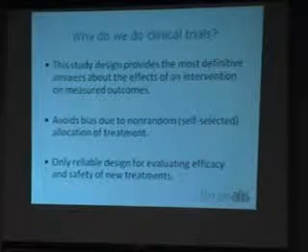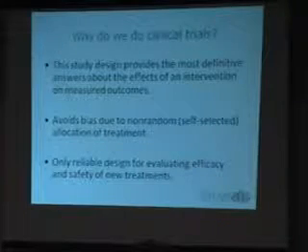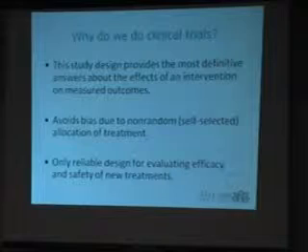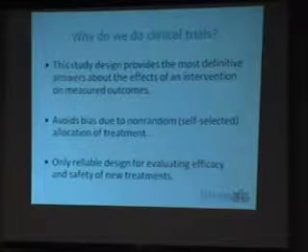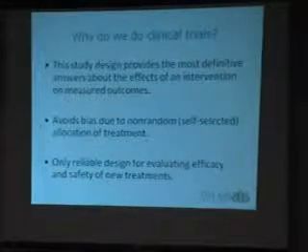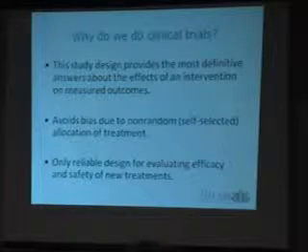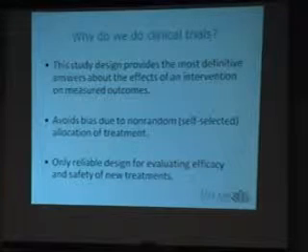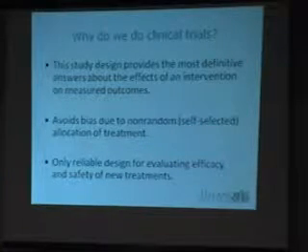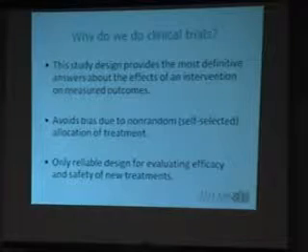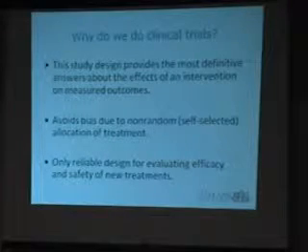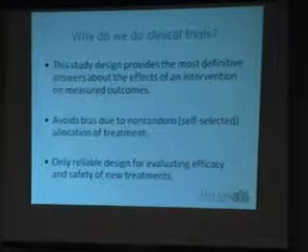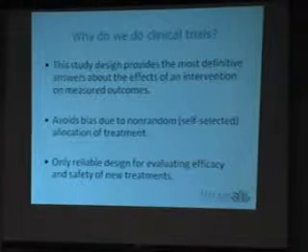So why do we do clinical trials as opposed to other kinds of study designs? The answer is this study design provides the most definitive answers about the effects of an intervention on measured outcomes. It's an experimental design. The reason it provides the most definitive answers is it avoids bias due to non-random self-selection of treatment. One of the things that happens in observational studies is that the people who choose to take estrogen are healthier than the people who choose not to take estrogen.